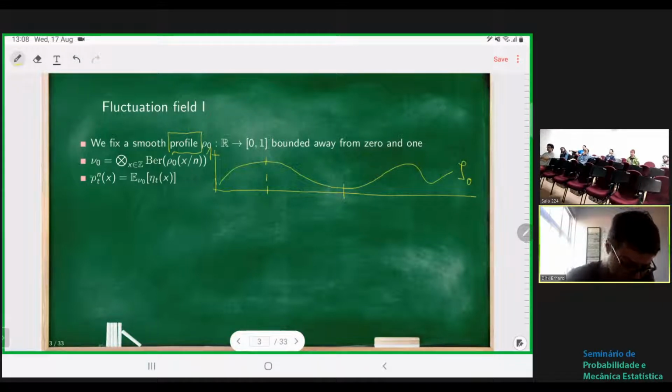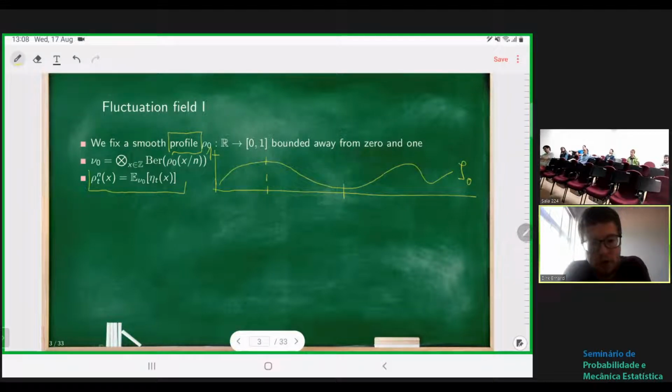And associated to this, we look at this function rho t n, which is simply the mean number of particles at time t at position x of the exclusion process, when it started from the product Bernoulli measure associated to it. So in this talk, I will either look at the process started from equilibrium or from this product Bernoulli measure.